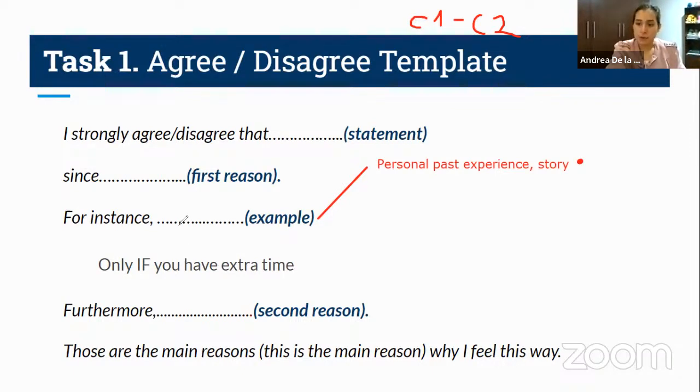Look, let me give you an example. You could say, I strongly disagree that online courses are more effective since it's easier to get distracted with online classes. For instance, during the COVID-19 pandemic, my university was only offering online courses. They weren't offering any traditional classes. Therefore, I was forced to take most of my classes online. I took 6 different classes: biology, archaeology, sociobiology were 3 of them.